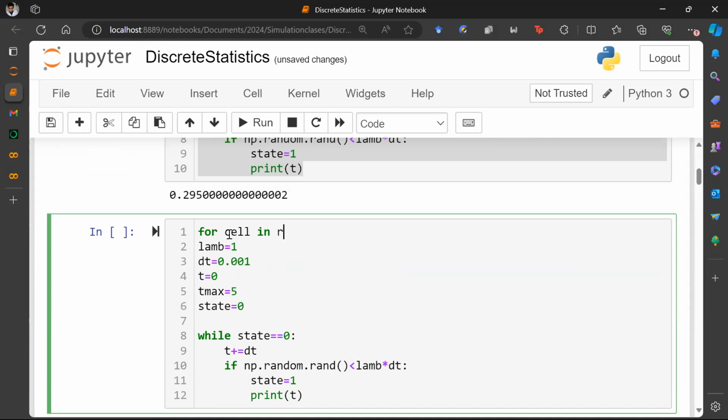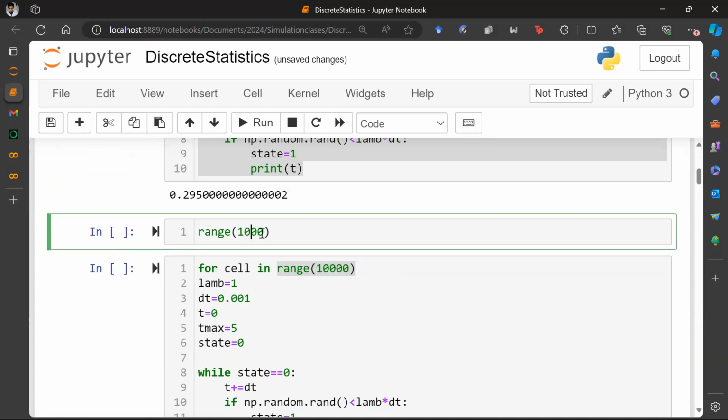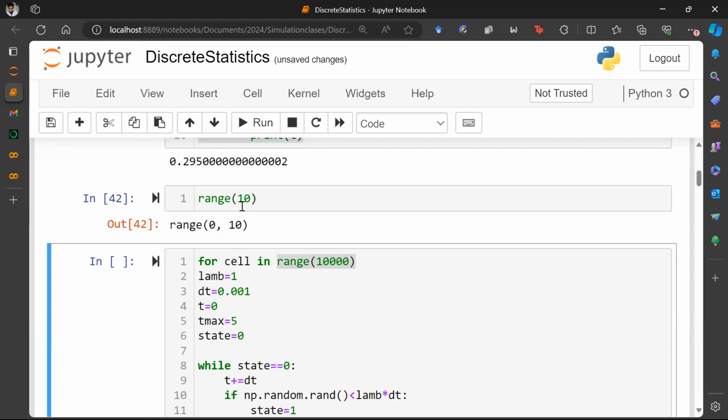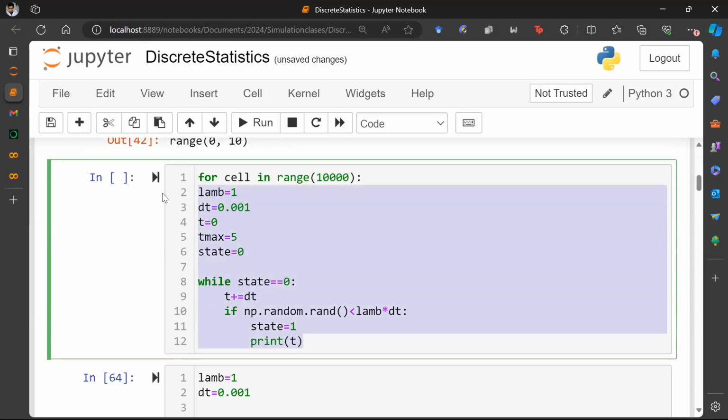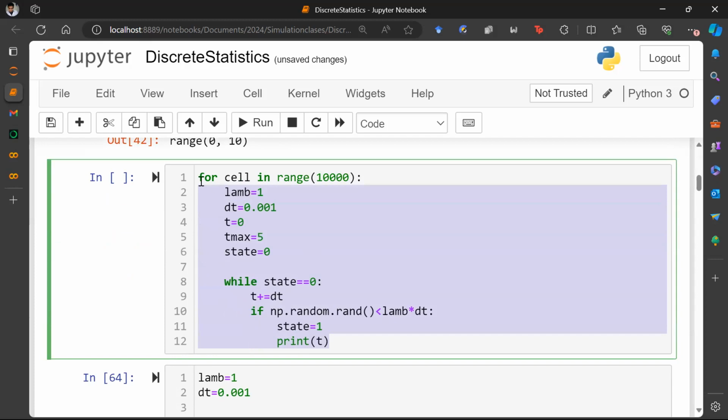For cell in, here I use the function range that gives you a vector of the desired number of elements, in this case 10. You can see, it gives you a vector of 0, 1, 2, 3, 4, 5, 6, 7, 8, 9, 10 elements. In this case, I'm producing an array of 10,000 elements. So I can do this iteratively and save the time.